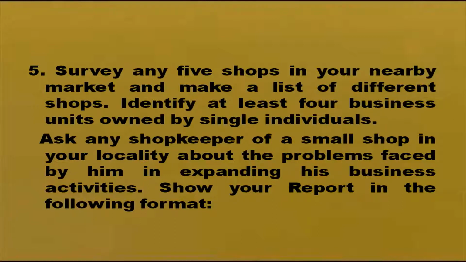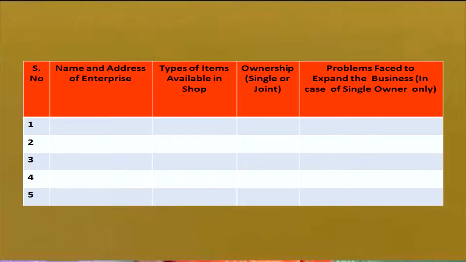You can show your report in this format. Serial number, name and address of the enterprise, type of the items available in the shop, ownership, whether it is a single owned business or joint venture, problems faced by the sole proprietor, like that.